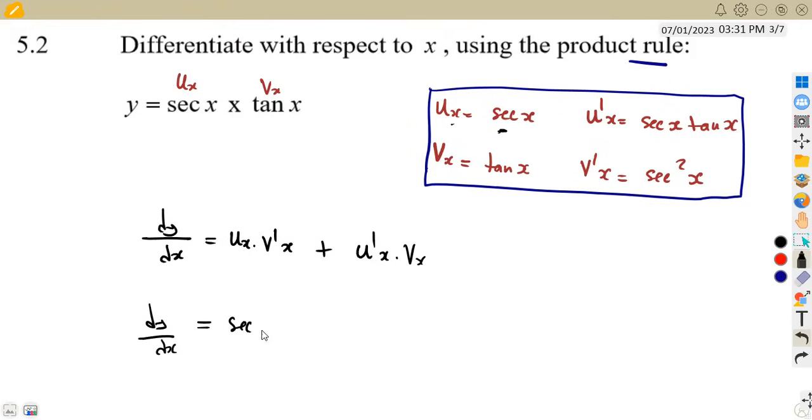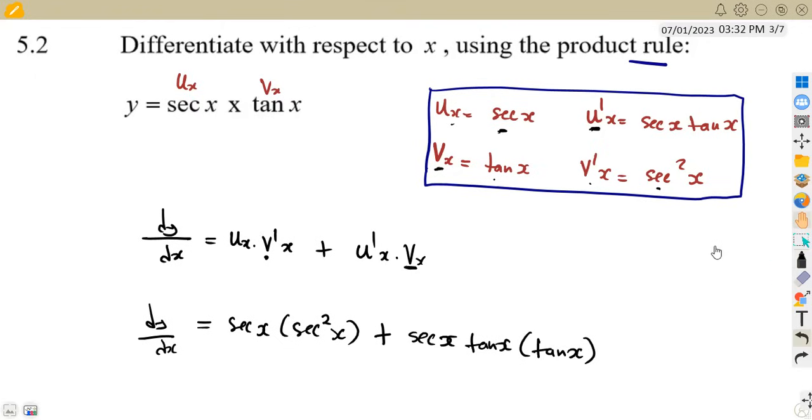So we are going to obtain sec x times the first derivative of v, which is sec squared x. All right, plus the first derivative of u, which is going to give us sec x tan x, being multiplied by v(x), the original function of v, which is tan x.